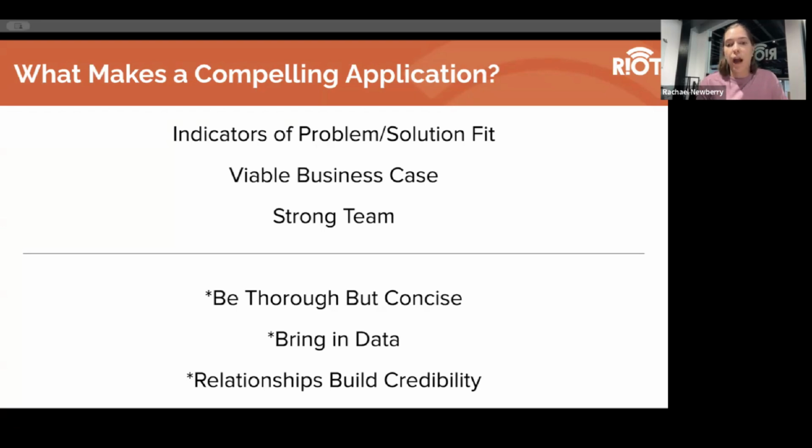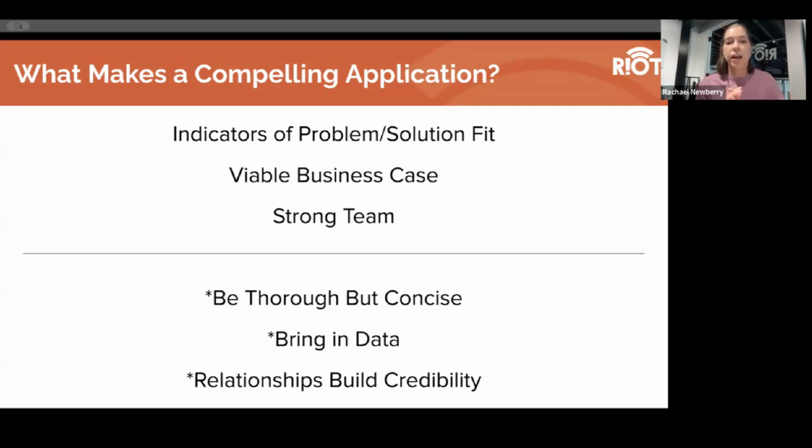So yeah, our applications, we run through a portal called F6S, and the portal will prompt you to create a profile for your company that gives basic information on your company. But then we have a separate application for the RIoT Accelerator Program that runs through a number of questions that we're looking for paragraph form answers on.